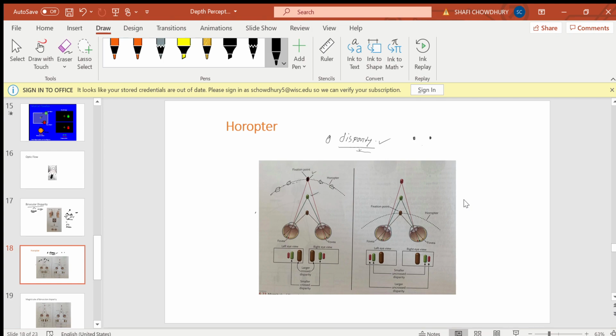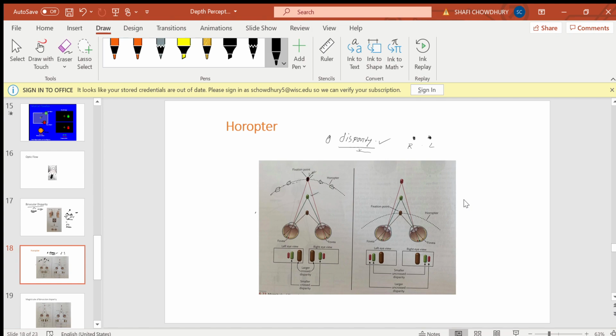That means on the fovea of the right retina and the left retina. They are exactly superimposed on each other, and both are on the fovea. Why? Because your eyes are fixated on this one, so the picture will fall on the fovea of the right and left retina. So there is no displacement between these two.